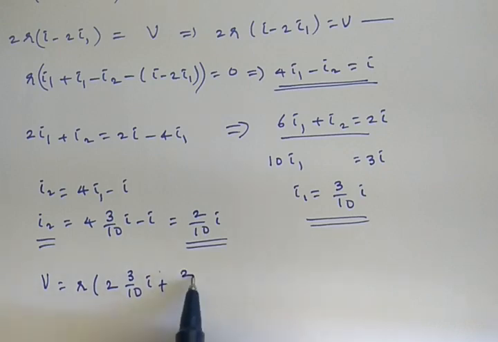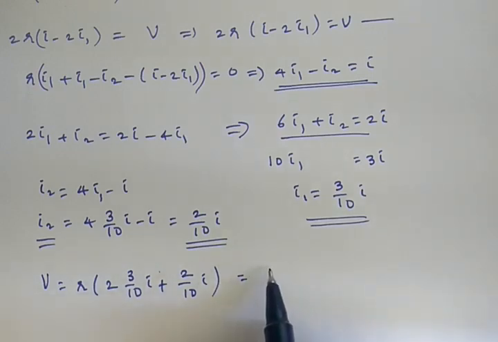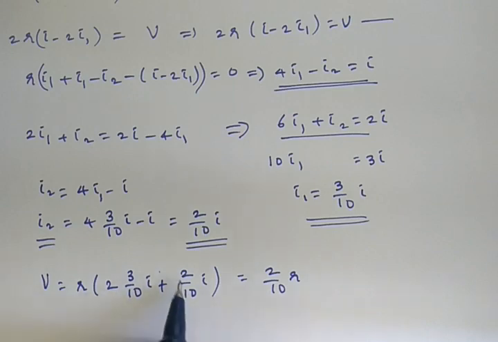I2 is 2 by 10 I. So this implies you can take 2 by 10 common. Once you take 2 by 10, then R is there. Then here you get 3I and here you get 2I, that is you get 5I.